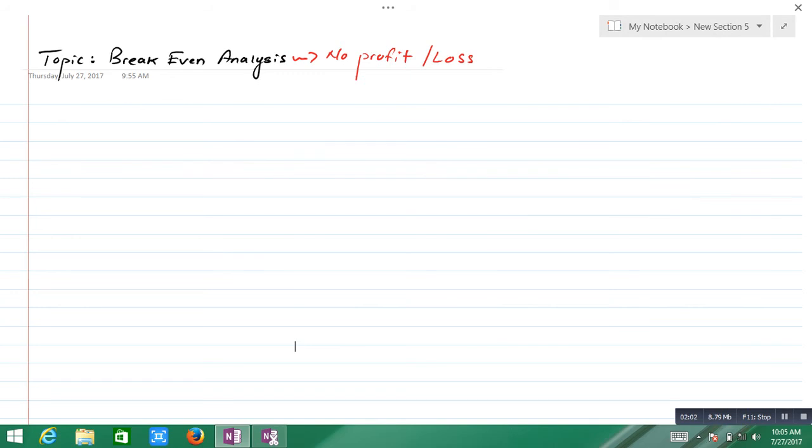So let's look at the formulas that we have here. We have plenty of formulas.